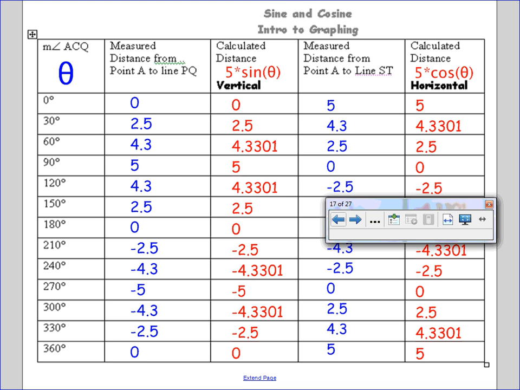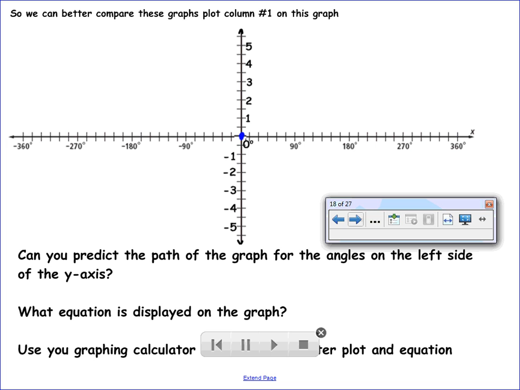Next, we had 30 degrees of rotation, and that corresponded to a vertical displacement of 2.5 above the origin. So we're going to plot the point 30 degrees, comma 2.5. Everybody carefully do that. So it looks like this goes by 15, 30, 60, 90. So 2 ticks, 30 degrees, 2.5.